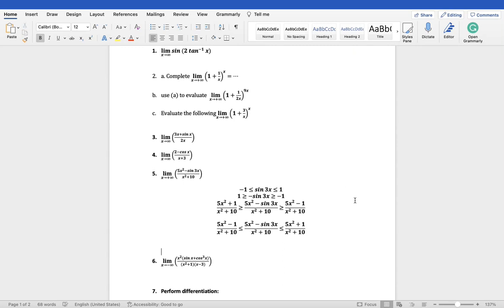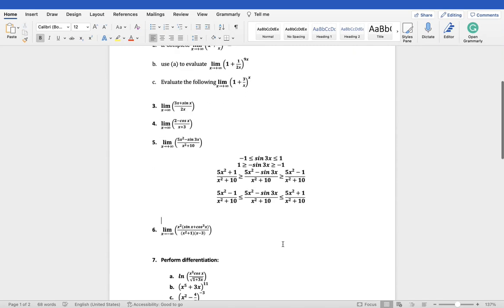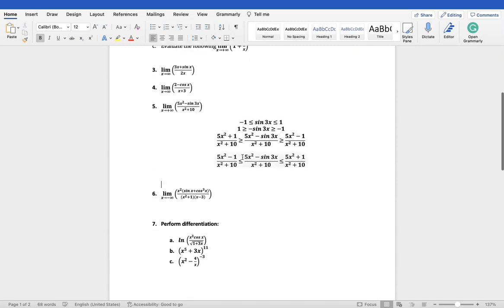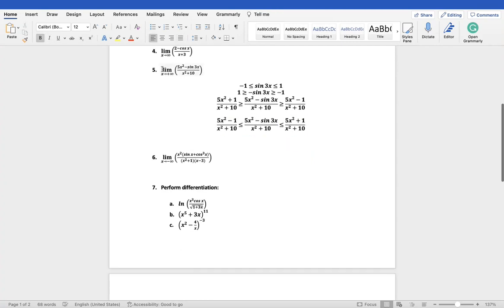So what we've done here is we've identified the range between which this function exists, the range of values. Now for our specific case, we have that the limit is tending to positive infinity.